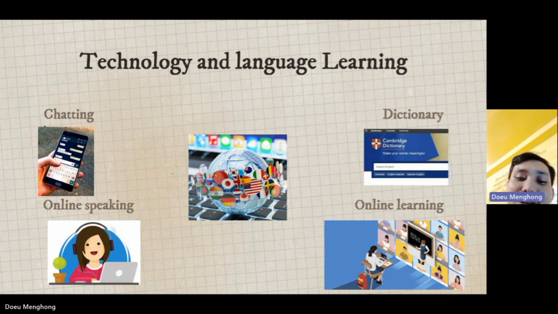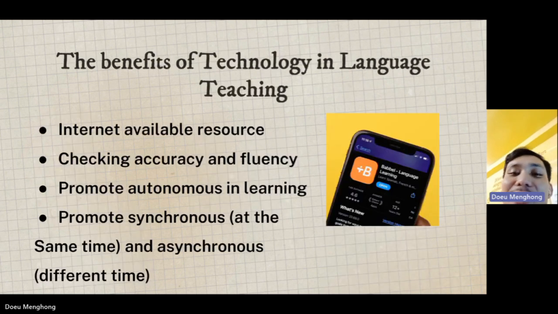And another point, I'm going to talk about the benefits. What can we do with technologies, or what roles does technology play in helping or developing the teaching and learning of language? The first one, internet available resources.